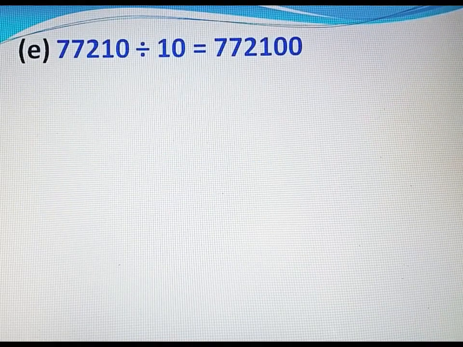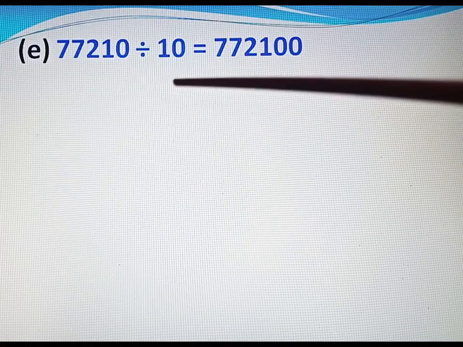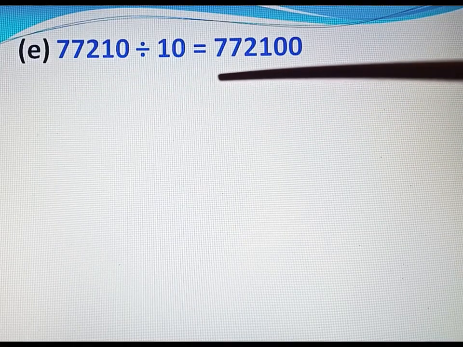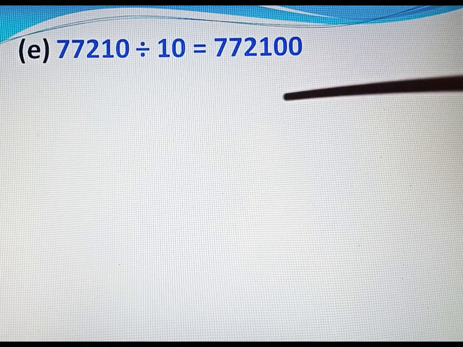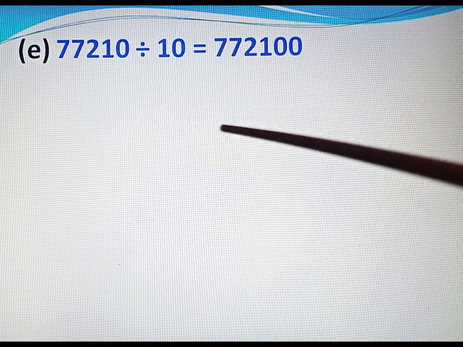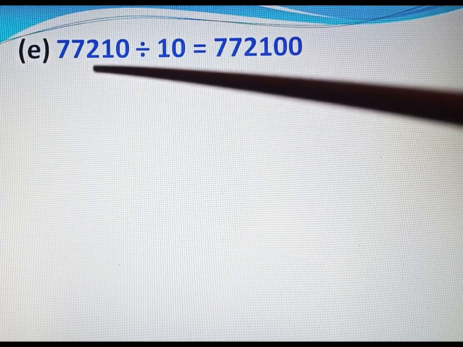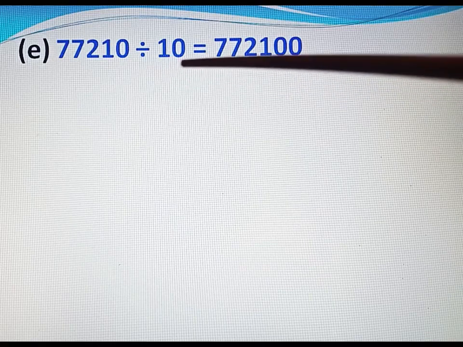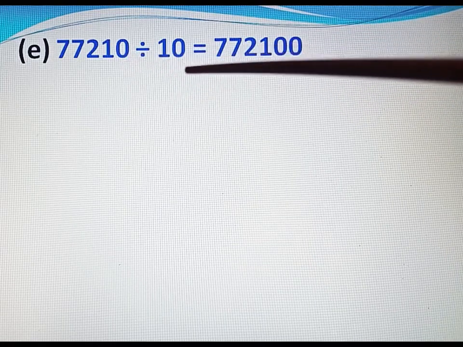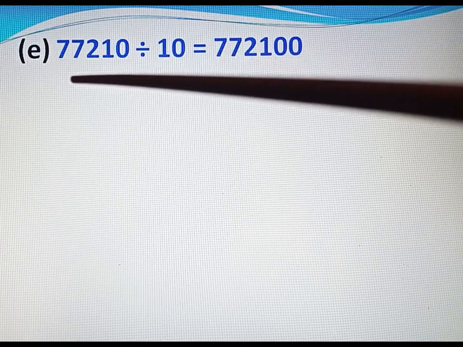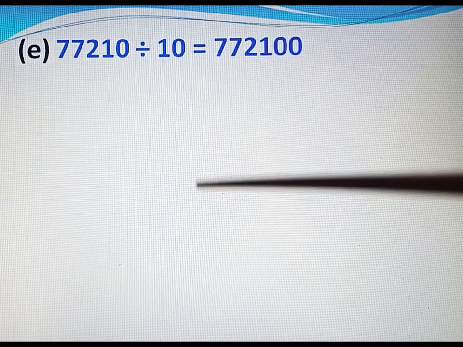E part: 77,210 divide 10 equal 7,72,100. See, in 77,210 there is 1 zero, and in 10 there is 1 zero. So the zeros will be cancelled. The quotient left is 7,721, or we can do it by another method also.